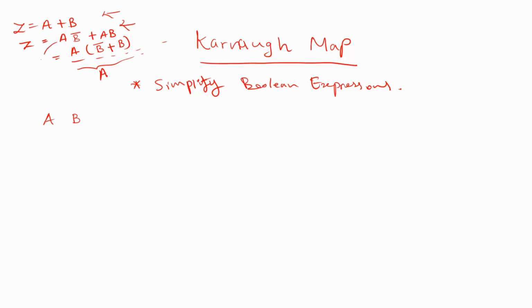So what we did was we simplified this one into this. Okay. So this kind of expressions could be easily simplified with help of the existing theories and laws, but there may be some longer expressions which are not such easy to convert into a simple expression. Okay, in such a case, it is easy for us to use a Karnaugh map and simplify such expressions.